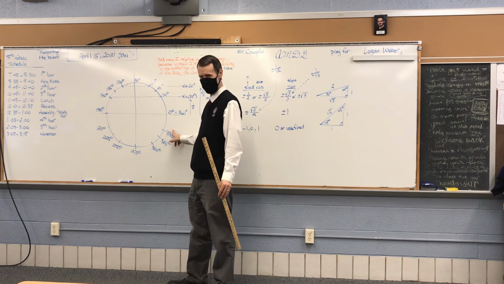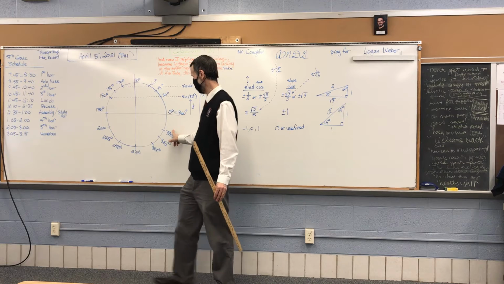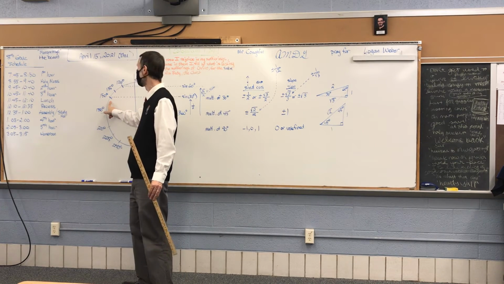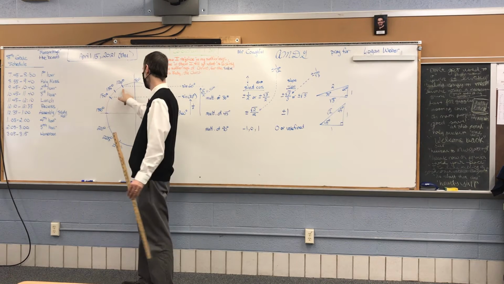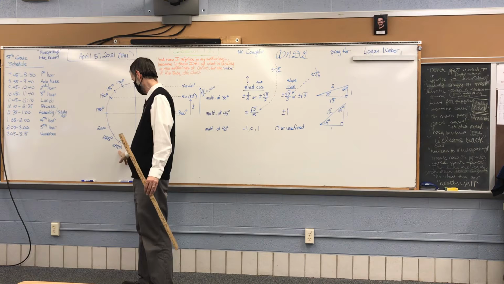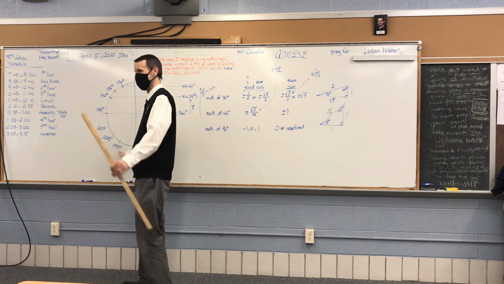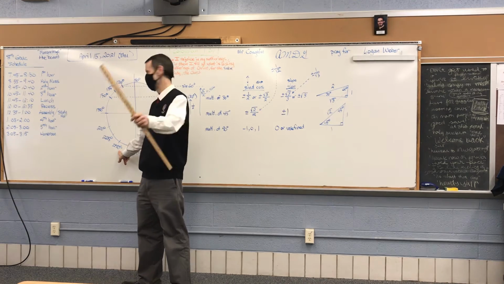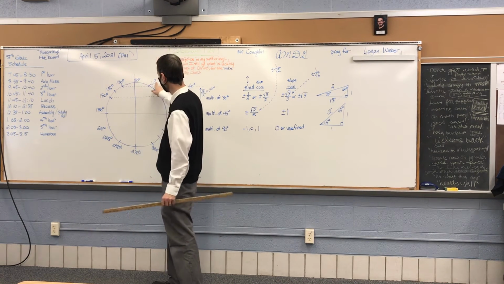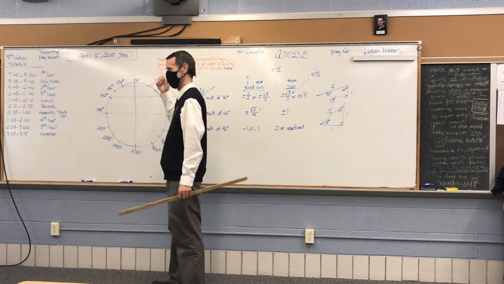Michael. Radical 3 over 2. Pete. Negative radical 3 over 2. Sophie. Negative 1/2. Julie Miller. Cosine. Nice. And who does this? Oh, no. I'm going to give you cosecant. Go ahead. 1/2. Make sense?